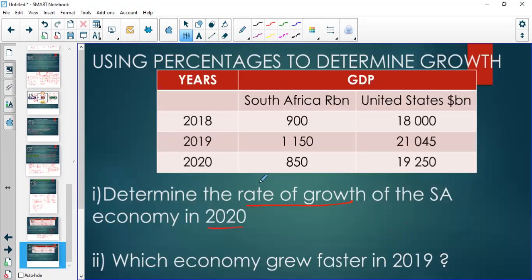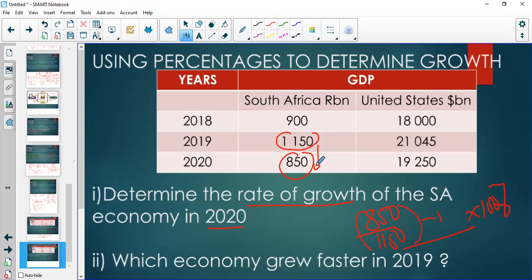In 2020, so the South African economy, we're coming from 2019, we're going to 2020. So that is COVID, right? So we're going to say the new value is 850 over the old value, 1150. The answer we get there, we subtract 1. The answer we get, we multiply by 100 to get a percentage.